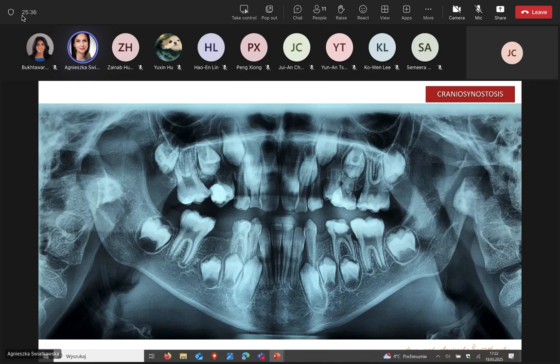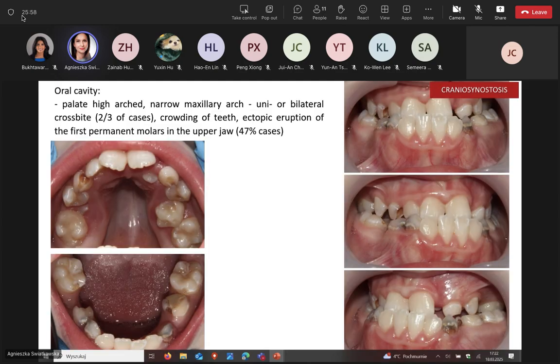In this situation, we should extract this second deciduous molar. Here you can see the same situation on this side, but here we can see inclination of the first permanent molar, and the patient lost the second deciduous molar earlier. The patient has a huge problem with the place for the second premolars on both sides.